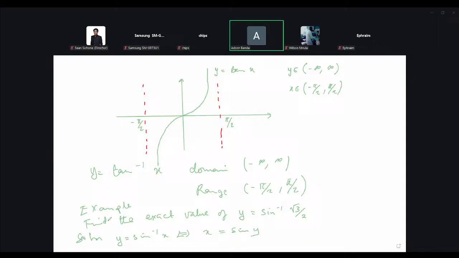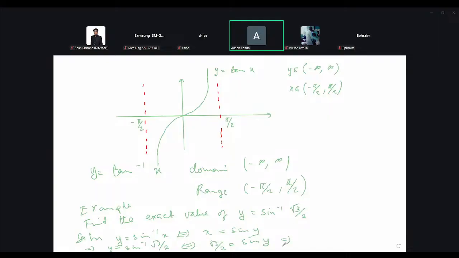So y is equal to the sine inverse of root 3 over 2 is the same as saying that root 3 over 2 is equal to sine y.